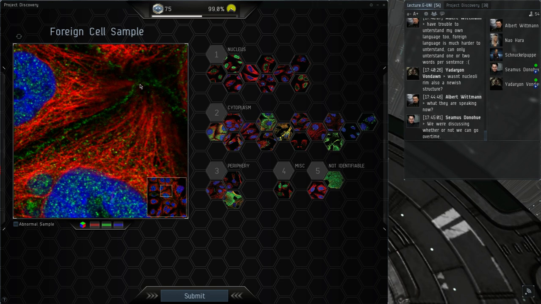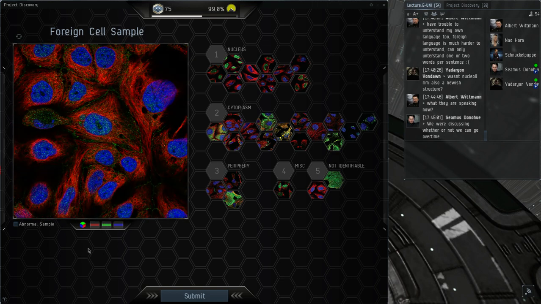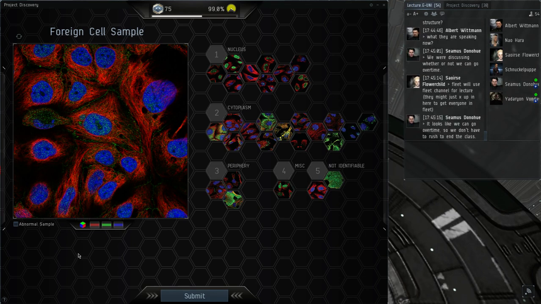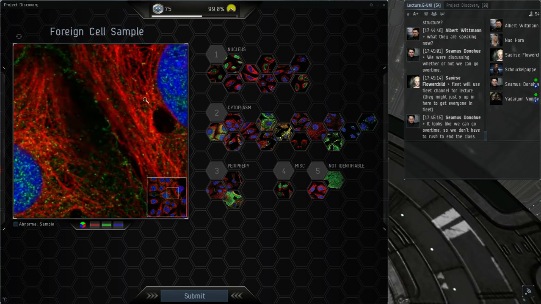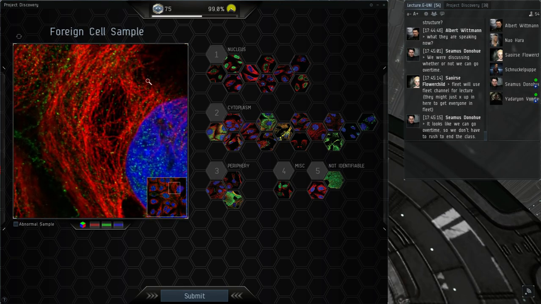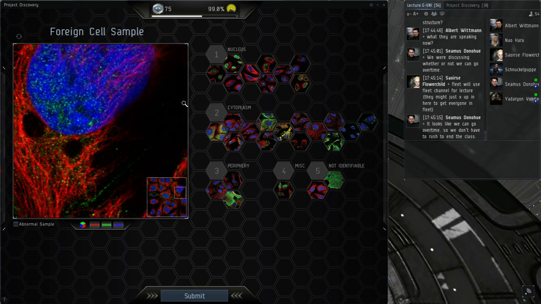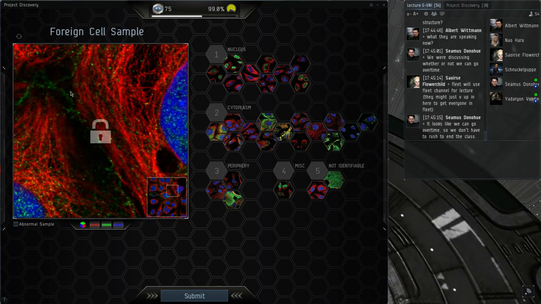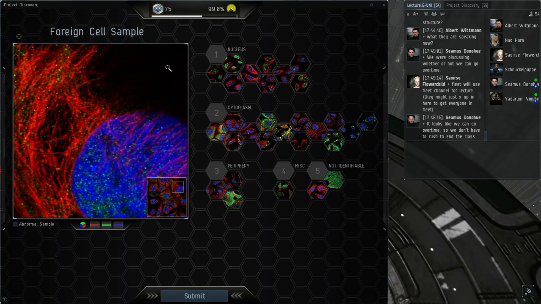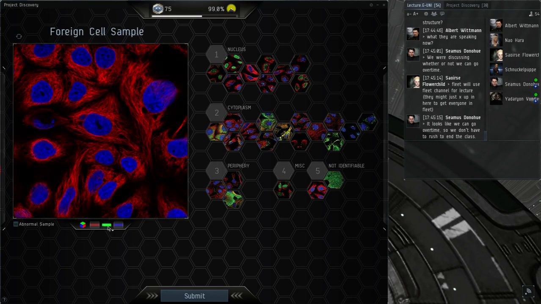It's sort of like an edge. I believe that it's cell junctions rather than plasma membrane, because it's only visible between the cells and not on the outsides of the cells. So if we look at this big one, we have some staining here, but not the other side, which sort of rules out plasma membrane.